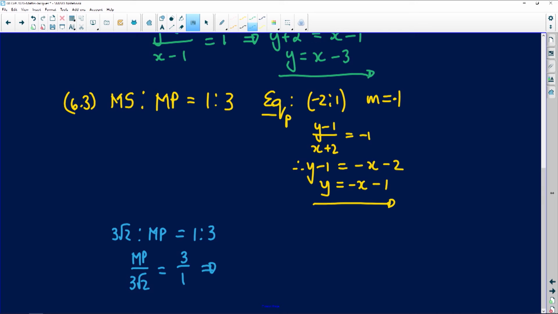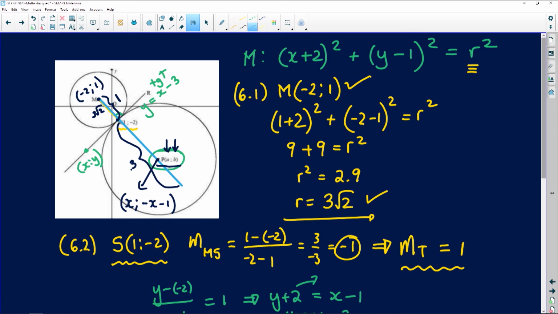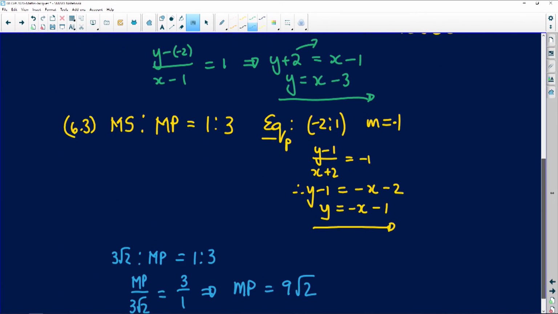And to find MP, that's the distance from the one center to the other center. That will be 9 root 2. So the distance from this center to this center was actually 3 times that small distance they gave me. I've got that. I have the point there. I have the relationship here. I can work with that information.